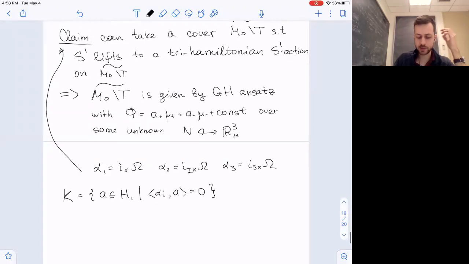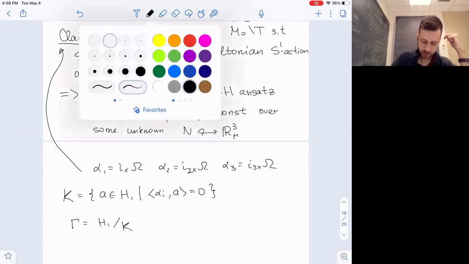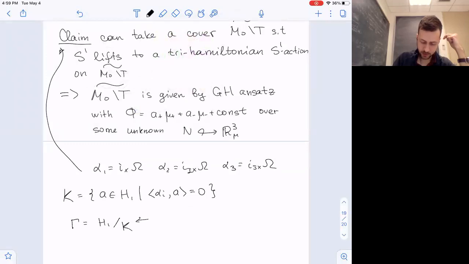And then what abstracts the vector field to be tri-Hamiltonian is the quotient H1 mod K, where H1 is the first homology group.